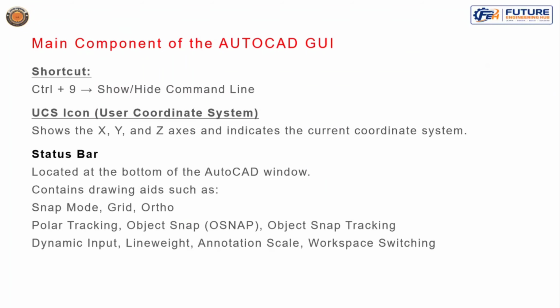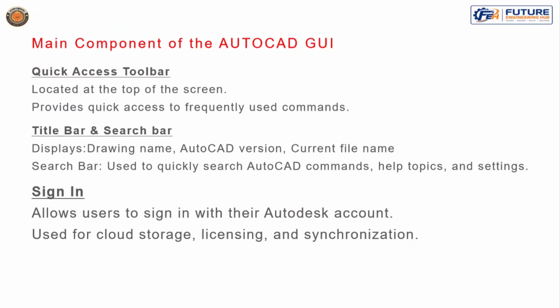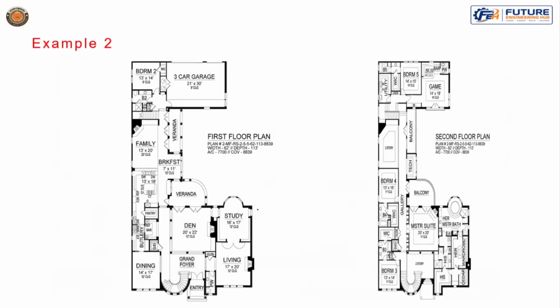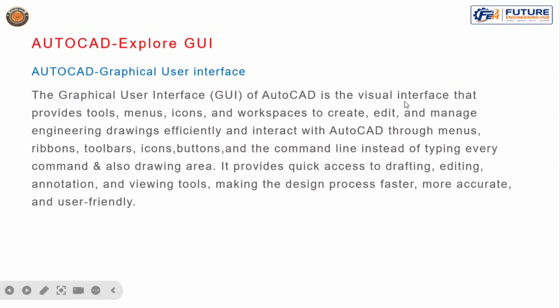So what is GUI? The graphical user interface of AutoCAD is a visual interface that provides tools, menus, icons, and workspace to create, edit, and manage engineering drawings efficiently, and to interact with AutoCAD through menus, ribbon, toolbar, icons, buttons, and the command line, instead of typing every command.